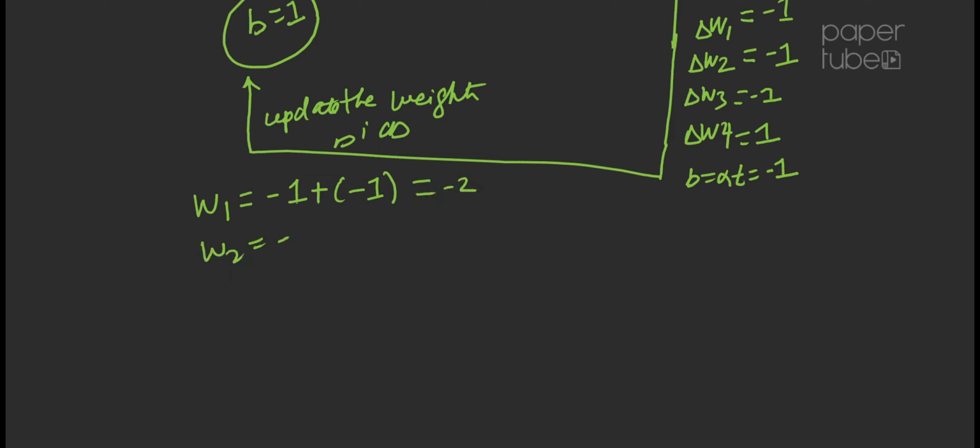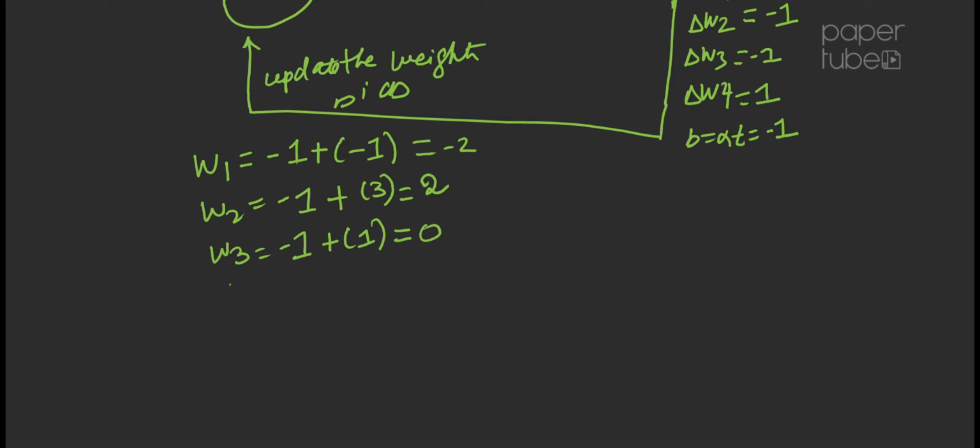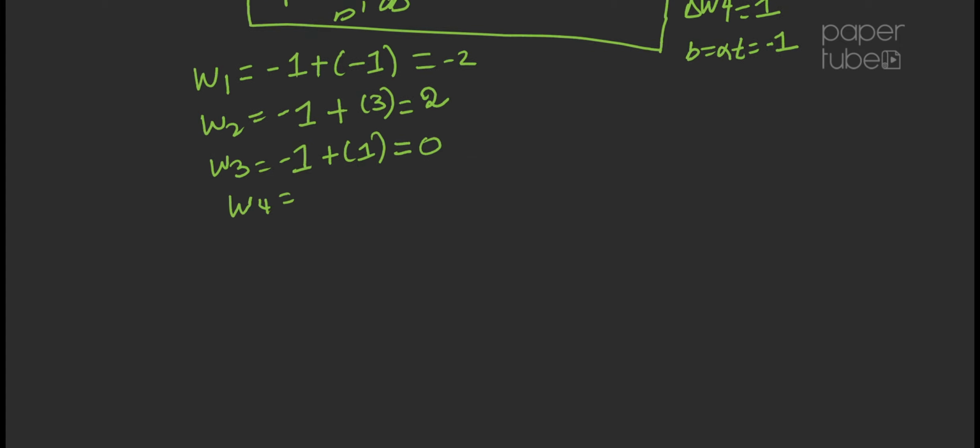W2 is equal to, the change in weight is -1 plus old weight is equal to 3, that makes it 2. And W3 is -1 plus old weight is equal to 1, that makes it 0. W4, the change in weight is 1 plus the old weight is 1, that makes it 2, and then the bias is -1 plus the old bias is equal to 1, that makes it 0.